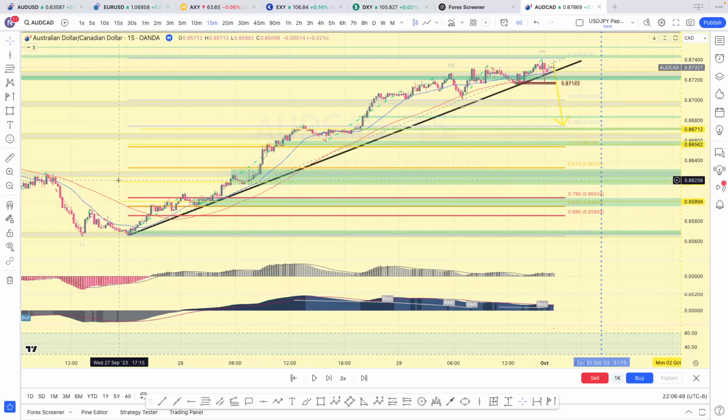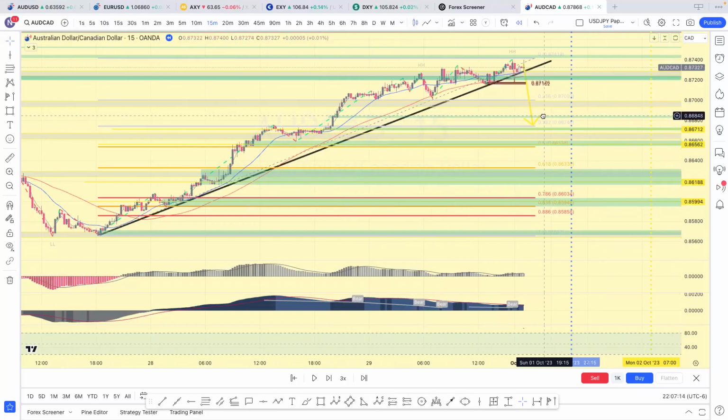So I've got these horizontal lines here in yellow, and those are points of control where there is volume. So my first goal is to shoot for this first point of control, and that's also where I have a demand level, and it's also near an area where I have a main level.